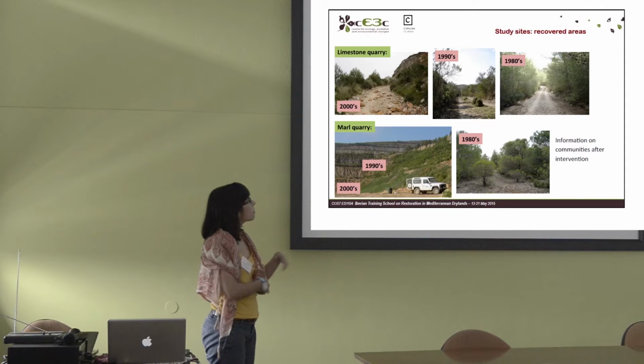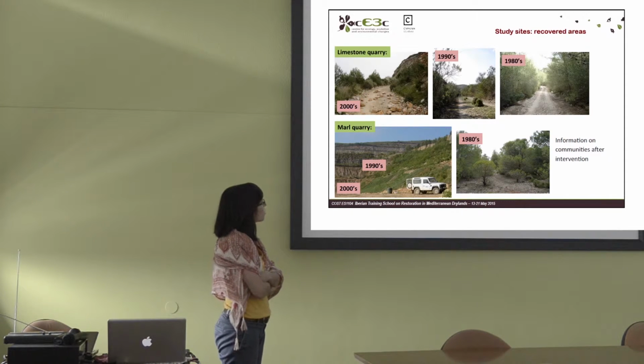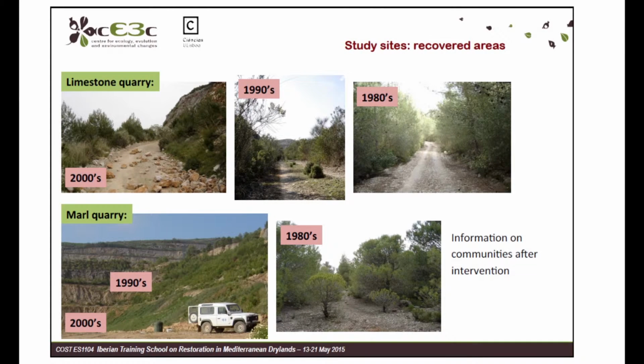I gathered some pictures just for you to see how that is. So here in the limestone quarry on the top, you can see that they are platforms. So you have basically a road with trees on both sides and shrubs, and they only established shrubs and tree species. On the bottom you have the marl quarry.